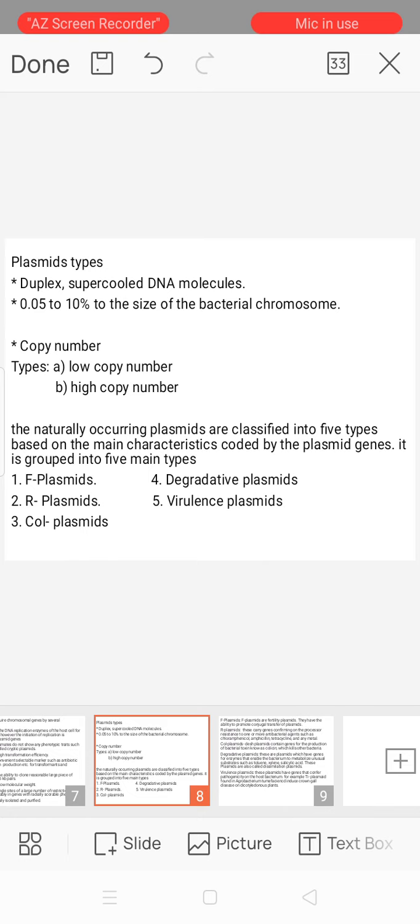Plasmids can be categorized into conjugative and non-conjugative, and this characterization of plasmids is based on the presence or absence of a set of transfer genes called tra genes.